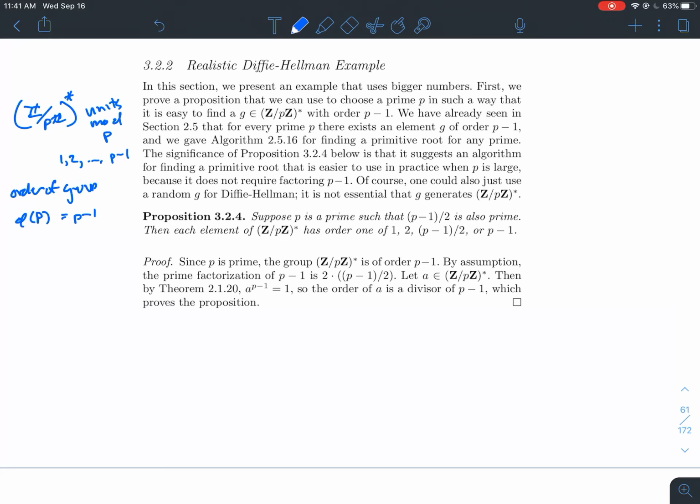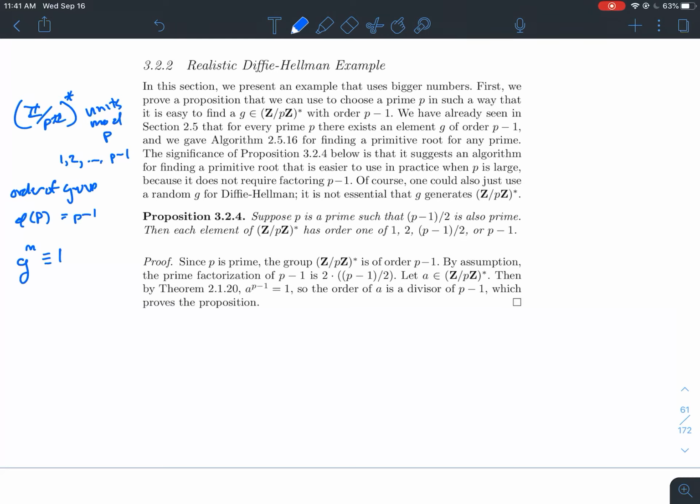And so remember, the order of an element was the smallest natural number m so that g to the m is equivalent to 1 or equal to 1, depending on how you're writing things. And remember, I want the smallest such exponent that'll work. That's a natural number.